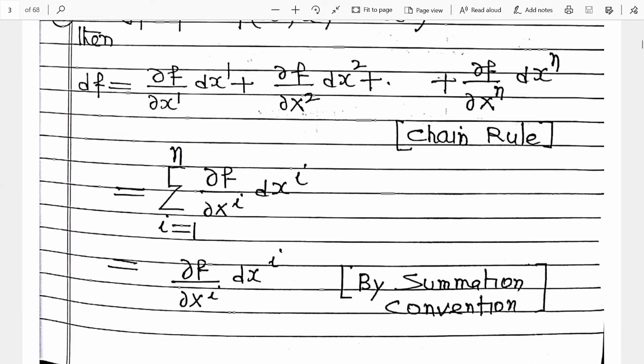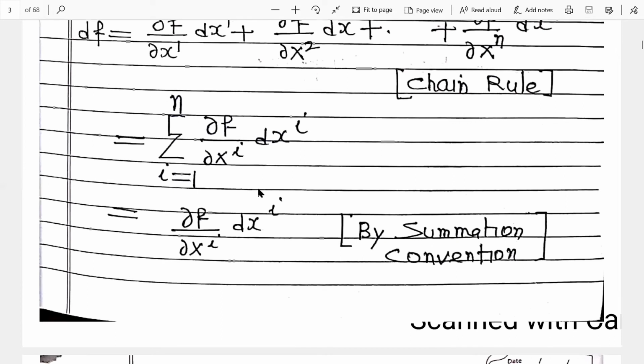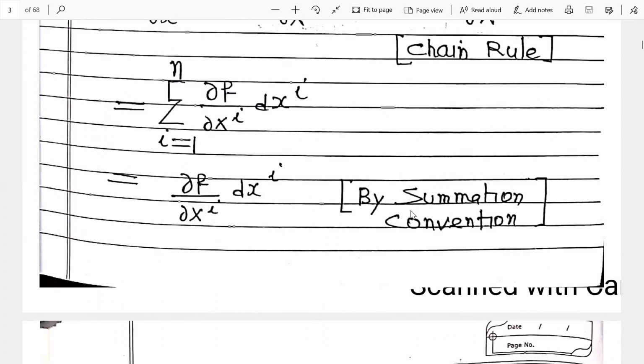This is by the chain rule of partial differentiation. Now this can be written as the summation of i running from 1 to n of curly f by curly xi into dxi. This i we can also write as j or k, so we can write in any of the indices. Now by Einstein convention, this df is basically curly f by curly xi into dxi. So this is by the summation convention of Einstein.